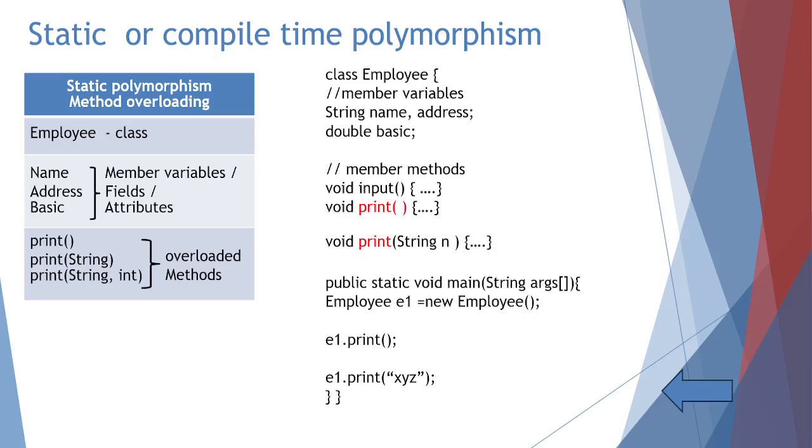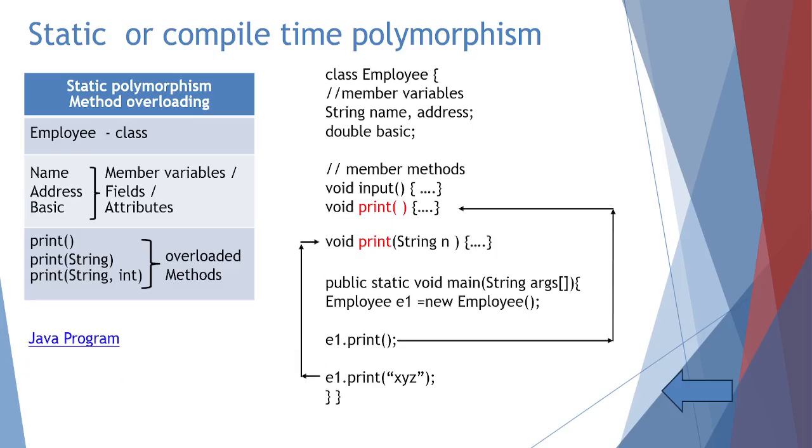Now, these two methods are resolved at the compilation time. This E1.print calls the print method already decided by the compiler during compilation time. And then E1.print XYZ calls the second method.